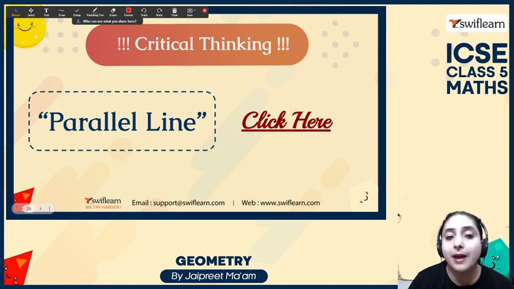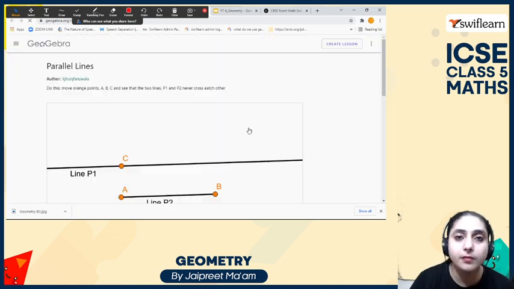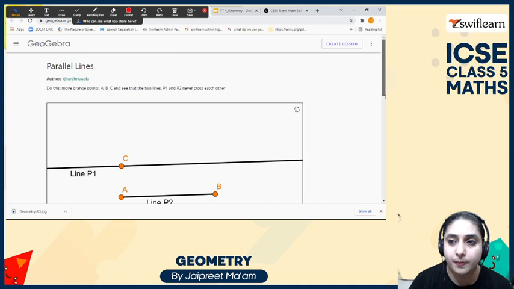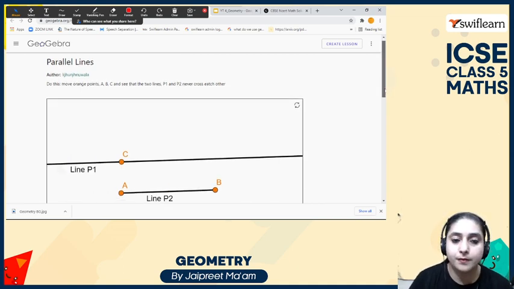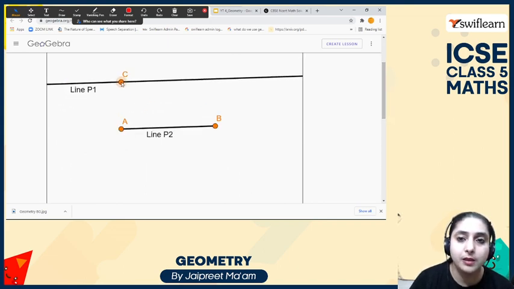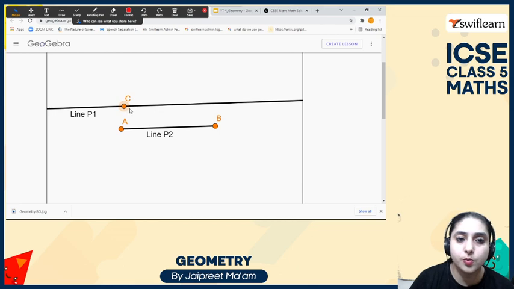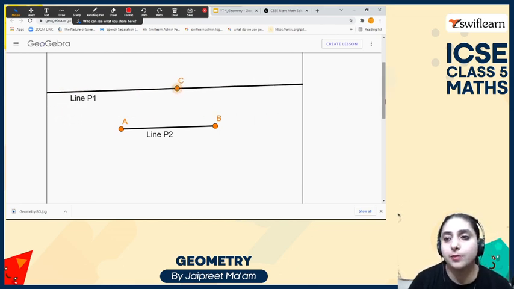So let's see parallel lines. It's critical thinking. Let's see. So these are some examples. So line P, this is point A, the point C, line P1 and line P2.